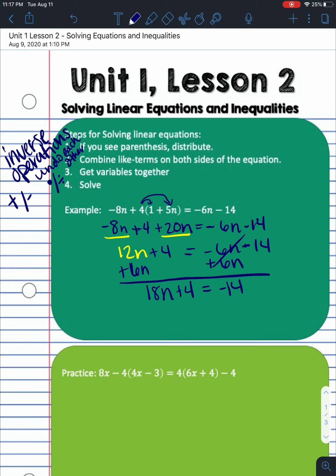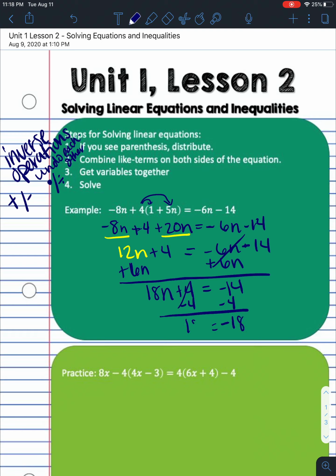Now I need to solve. So now I want to get n by itself on the left-hand side of the equation. I'm going to deal with the things that don't have n with it first. So I'm going to use the inverse operation and subtract 4 from both sides. Negative 14 minus 4 is going to be negative 18.